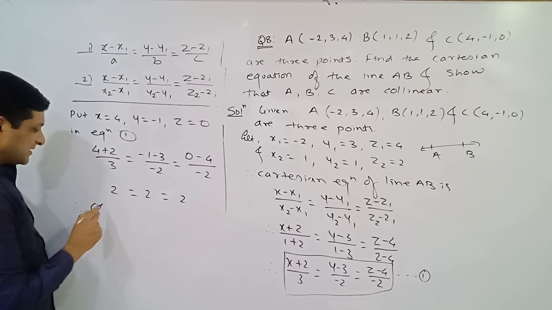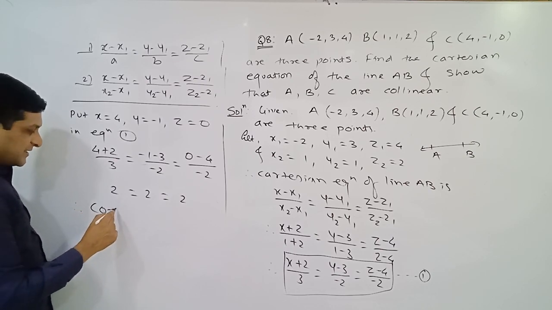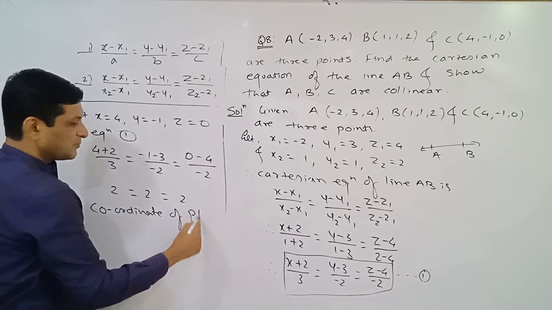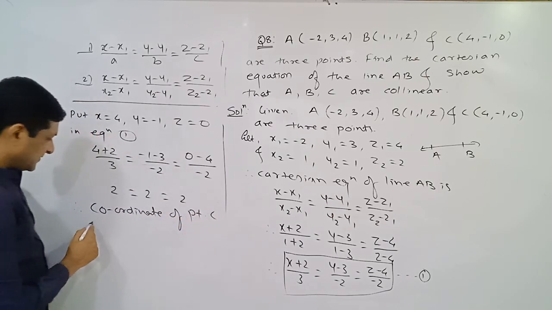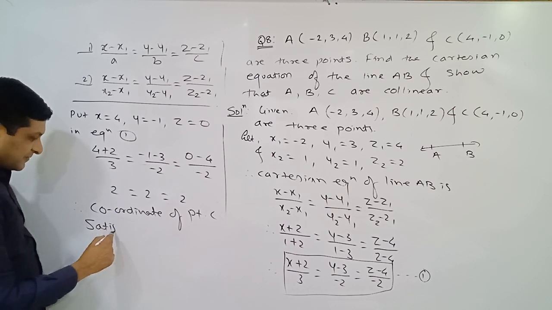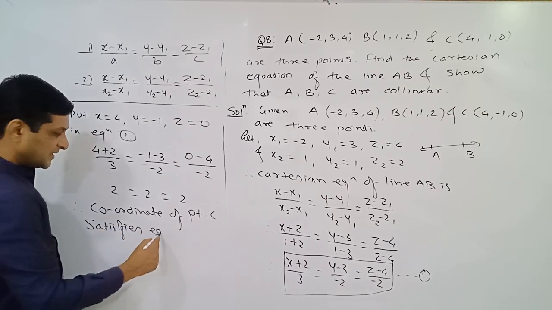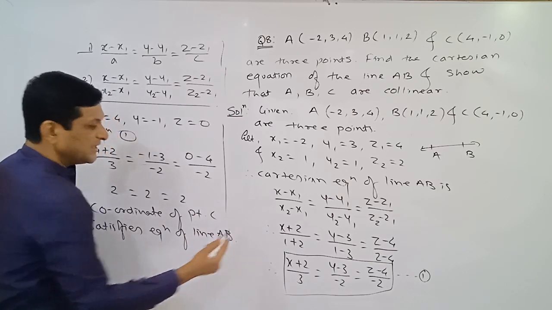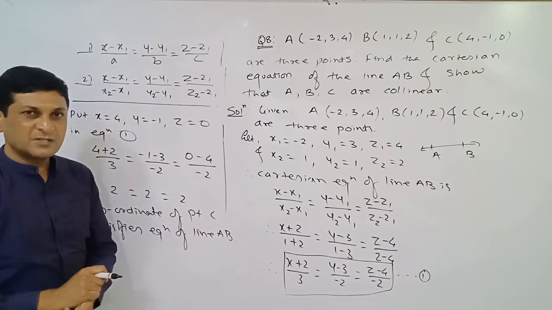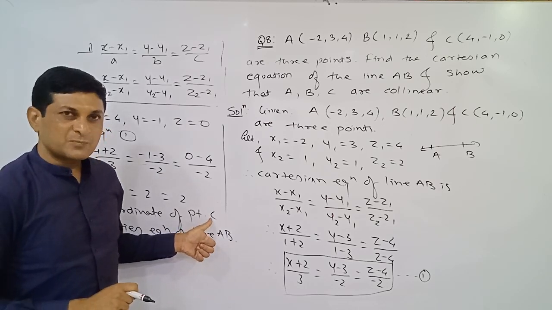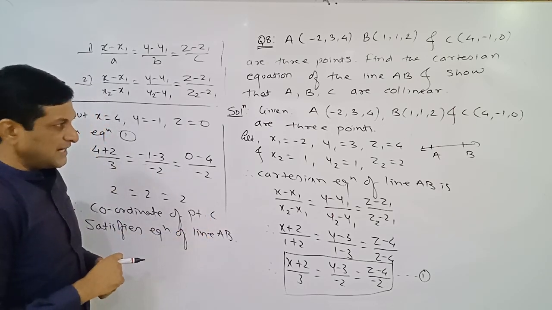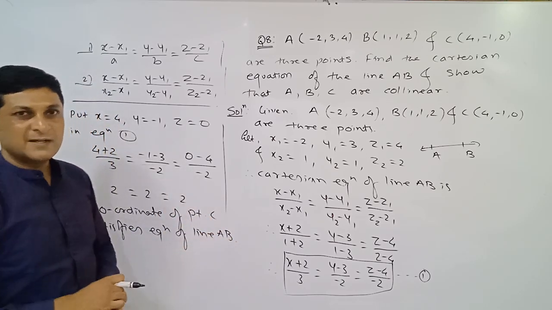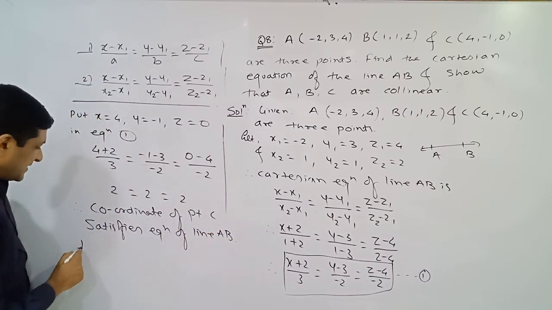Therefore, the coordinates of point C satisfy the equation of line AB. And if the coordinates of point C satisfy the equation, we can say that point C lies on the same line. And if these 3 points A, B and C lie on the same line, what is our conclusion? These 3 points are collinear.